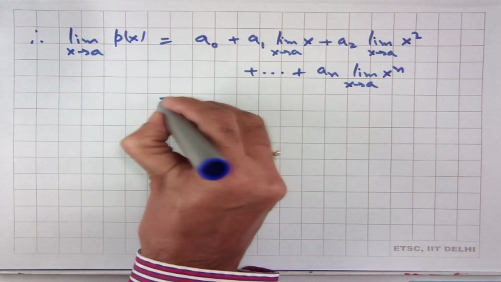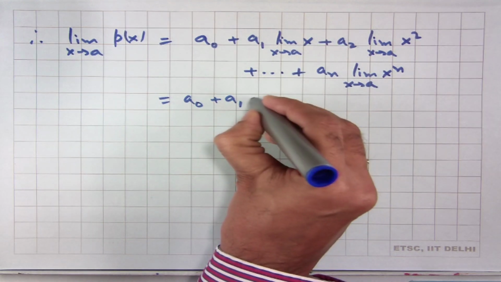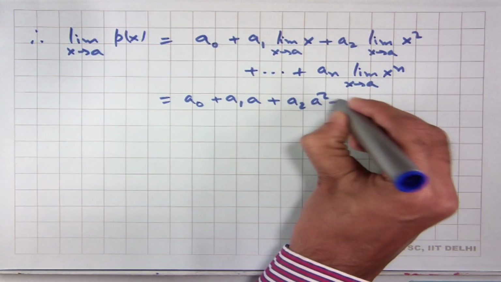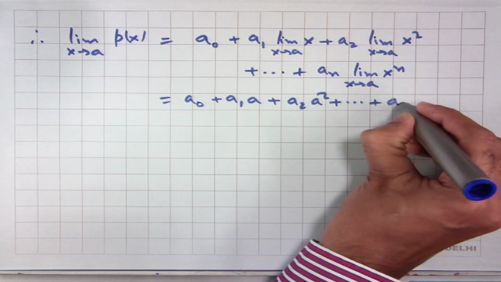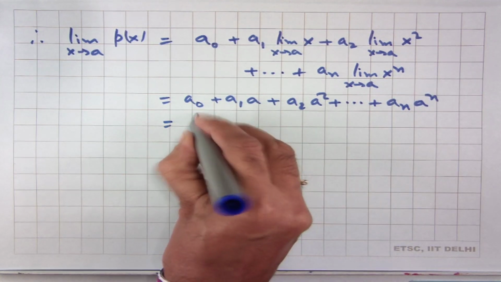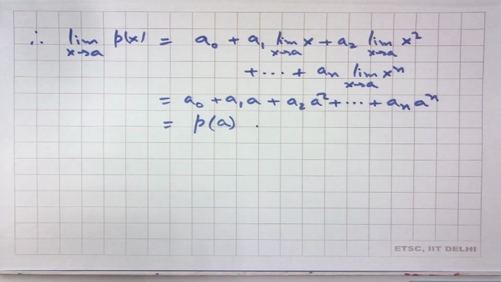This is equal to a 0 plus a 1, the limit of this is simply a, plus a 2 times a square and the limit of x to the n is a to the n, but this is nothing but the value of the polynomial evaluated at a, p of a. So, hence we are done.